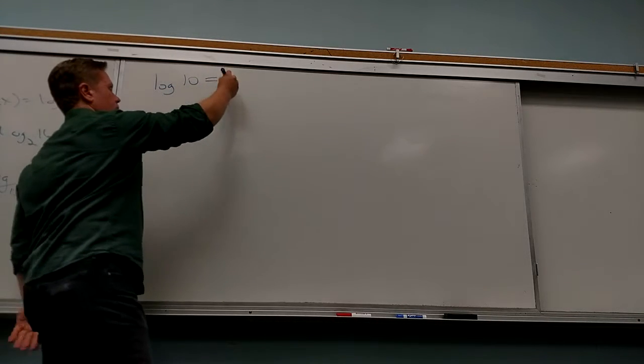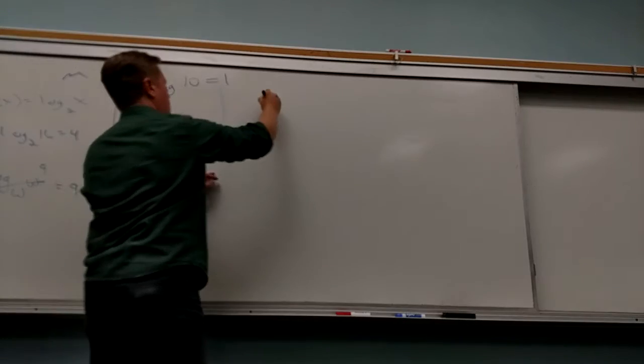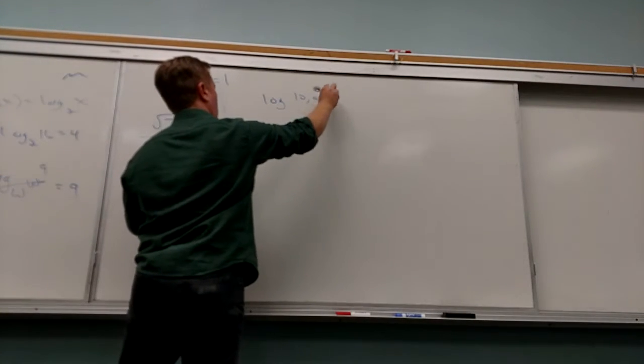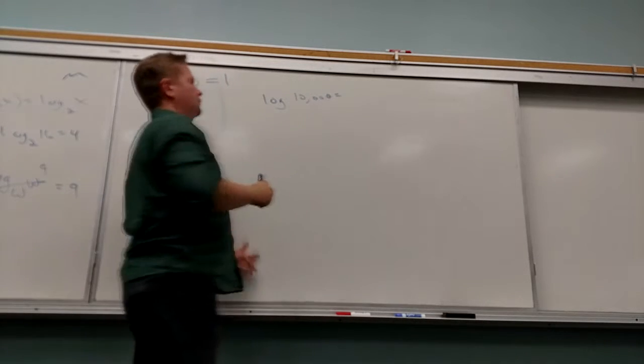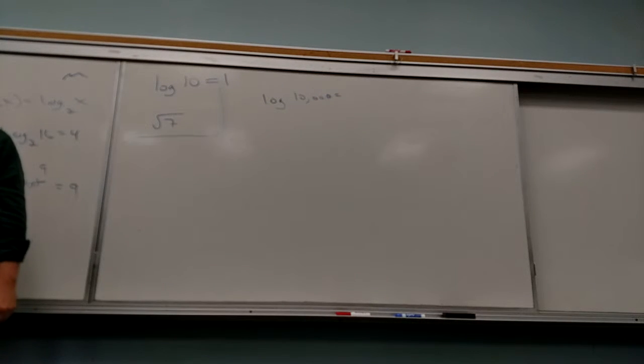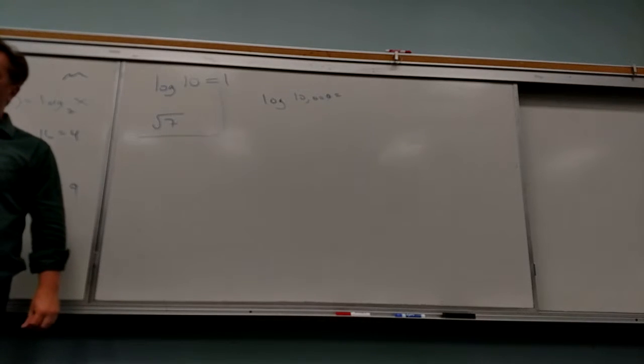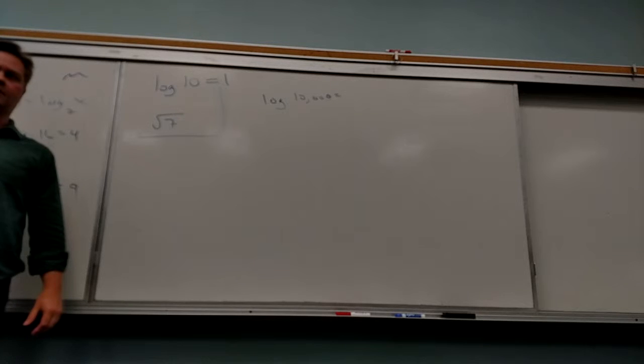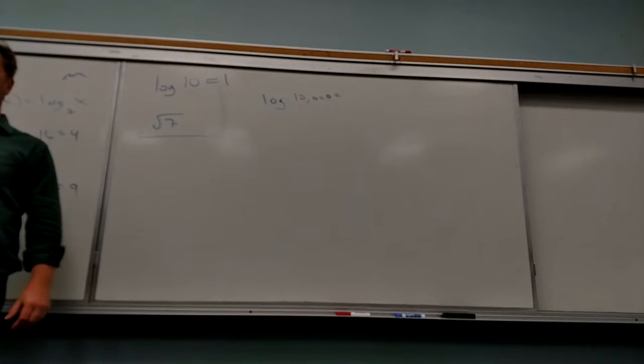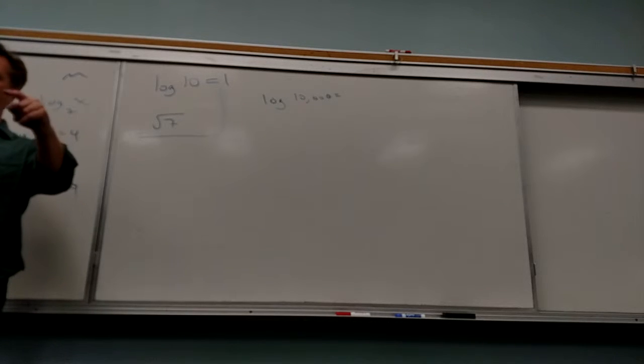1. So what's log 10,000? What power does 10 need? What's 10 squared? 100. What's 10 cubed? 1,000. How many zeros does 1,000 have? 3. 10 cubed was 1,000 with 3 zeros.